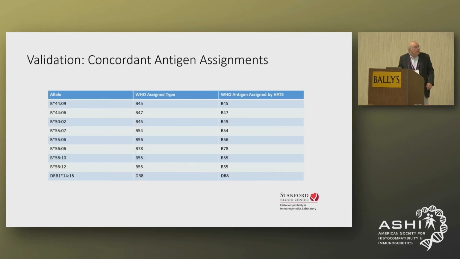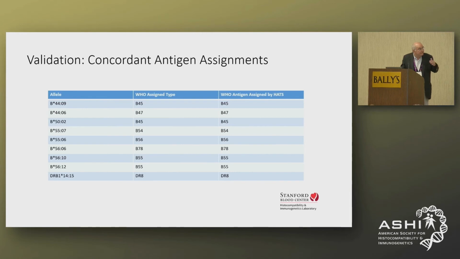After we came up with this validation, with this set of serotypes, we used the pre-existing dictionaries, and we saw that we were defining, for example, B409 as B45, B4406 as B47, and so on, B5002, as I mentioned to you, as B45.